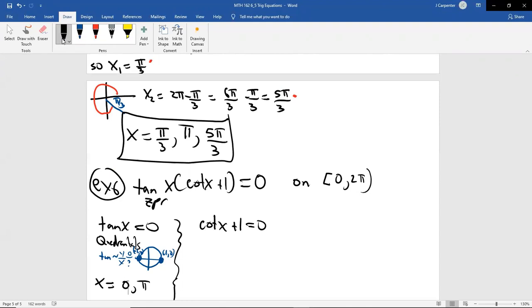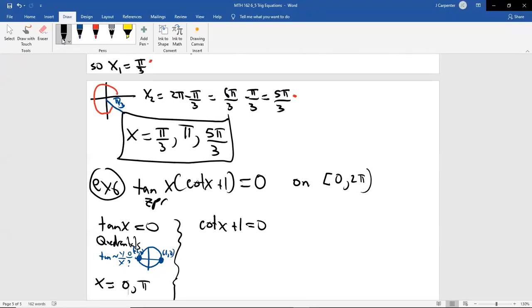Again, tangent is the ratio of y over x. 0 over 1 is 0, 0 over -1 is 0. So those are the 2 points on the unit circle that would correspond to solving this. Well, in terms of angles, that's 0 radians and pi radians, or 0 degrees and 180 degrees.